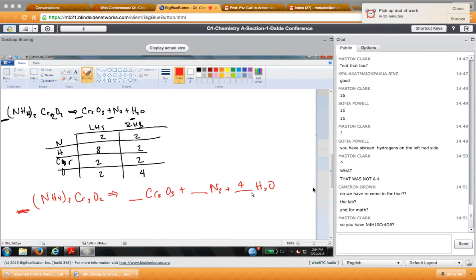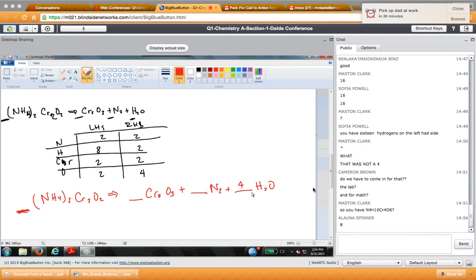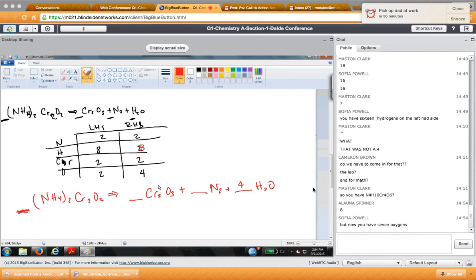Because there's 4 H2Os, and each H2O has 2 H's, so there's 8 altogether. Does that make sense? Right. So that would be 8. But that messes with my oxygen, doesn't it? The oxygen now ramps up to 7 over here. Yeah, and that's a little weird. 7 oxygens. Because on the left-hand side, I had 2 of those things.